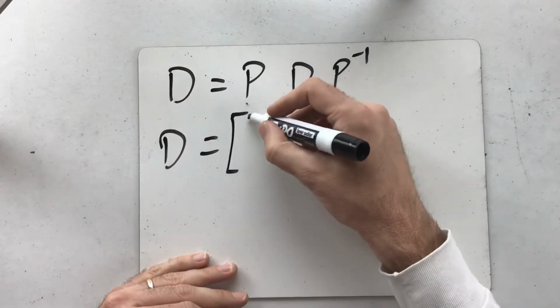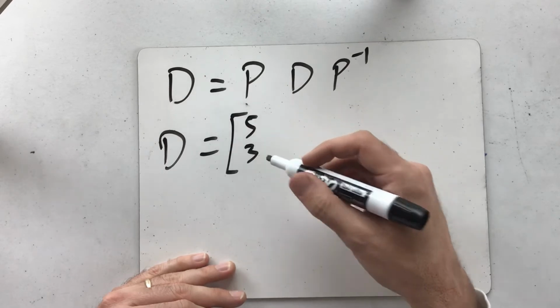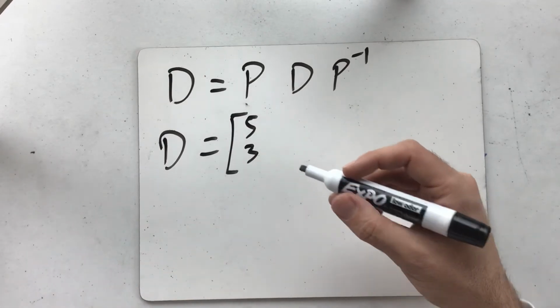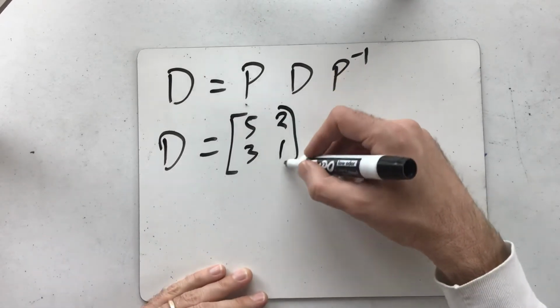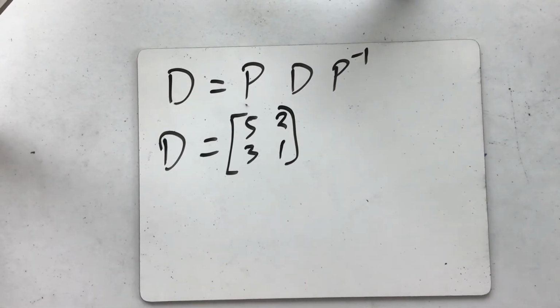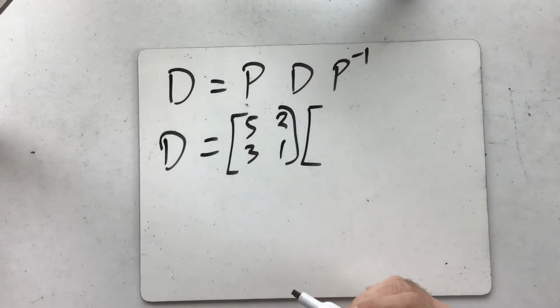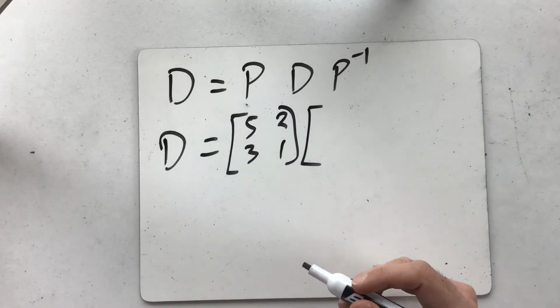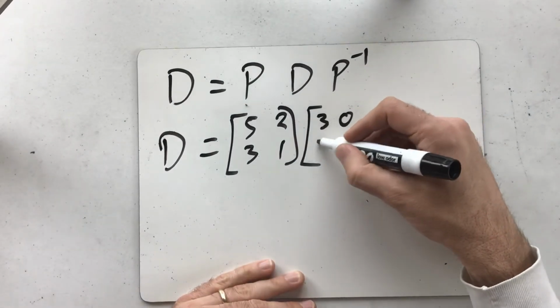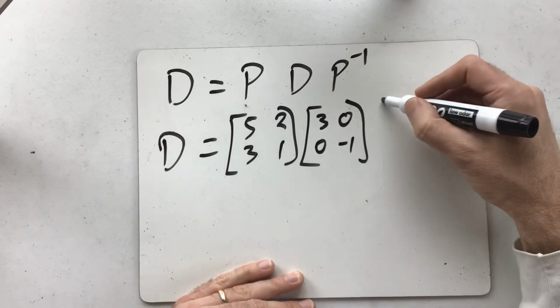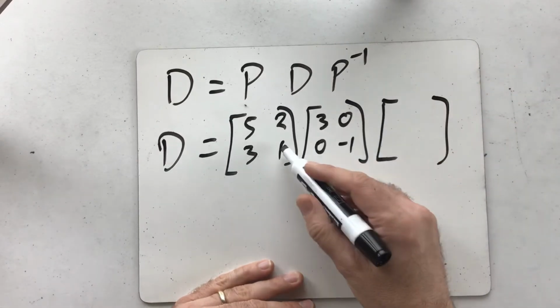So I could use the eigenvector 5, 3. And my second eigenvector I could use was 2, 1. And then I can use my eigenvalues in the middle, which were 3, 0, 0, -1. And then all I have to do is put the inverse of that over here.